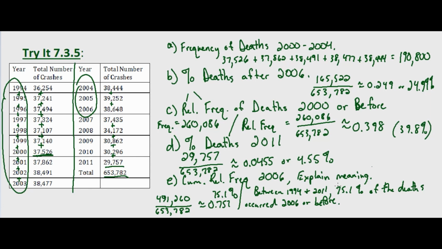Note that we could subtract that from 100%, and this also means that 24.9% of deaths in that same time frame, 1994 to 2011, occurred after 2006.